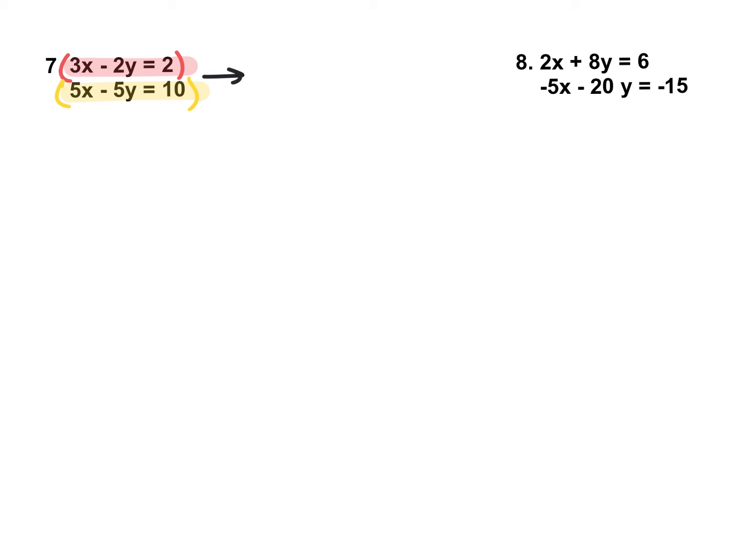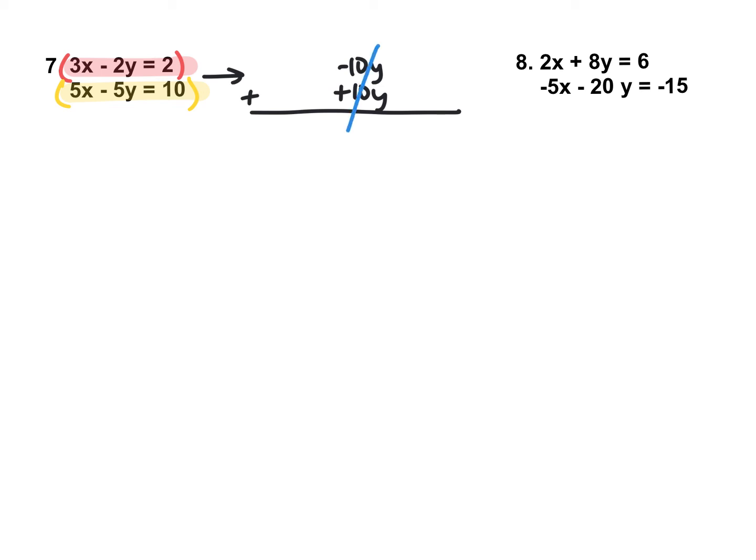Here's my hint. Think of if I multiply 2 and 5 together. Maybe if I had that common number as 10y. Maybe one of them is a positive 10y and one's a negative 10y. It's really not going to matter which one is which. But let's say we want the negative 10y on top and we want the positive 10y on the bottom. We know when we add those equations together, they will cancel out.